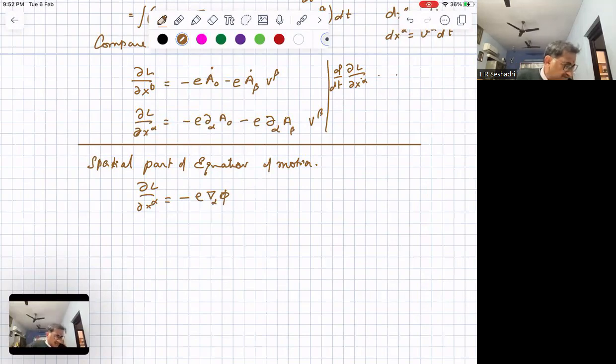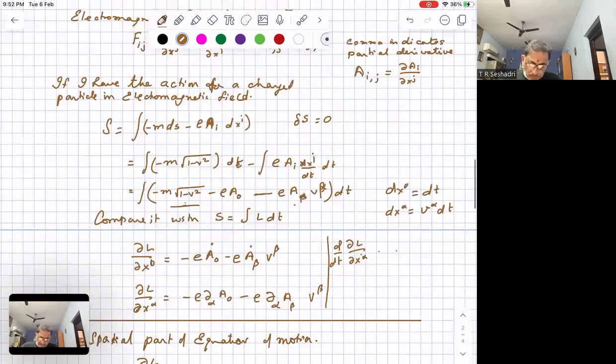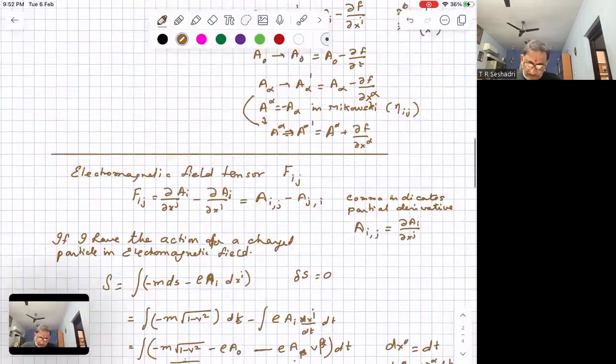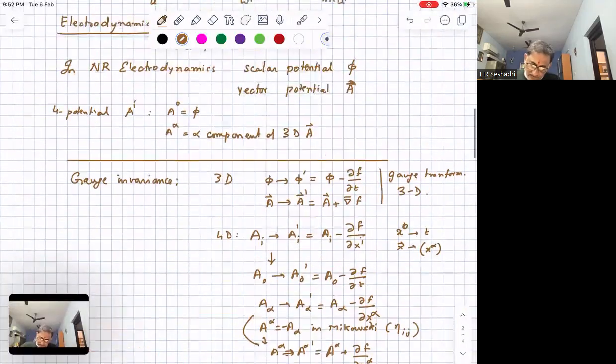I told you that A0 is the zeroth component of the potential, which is phi.